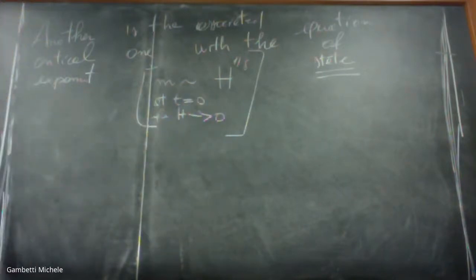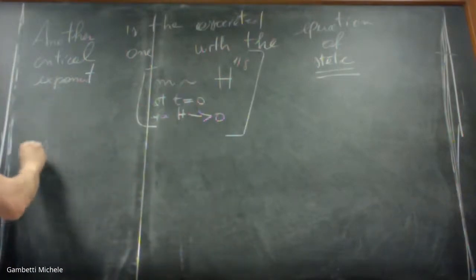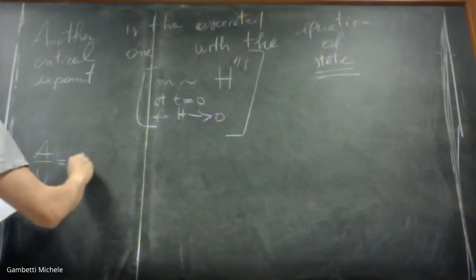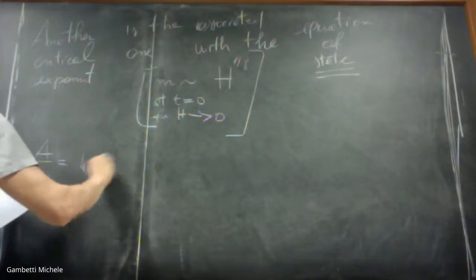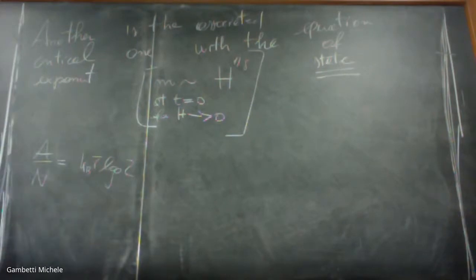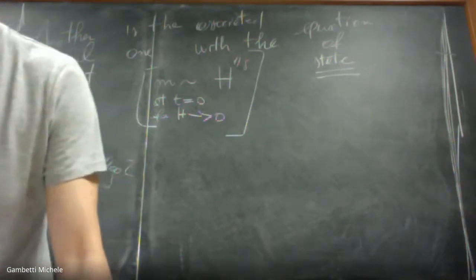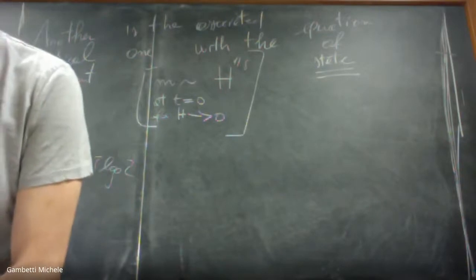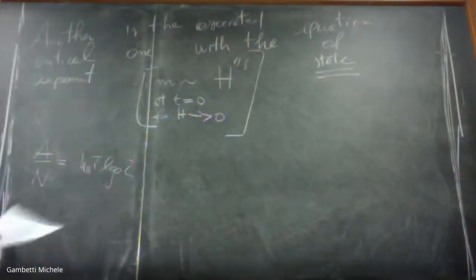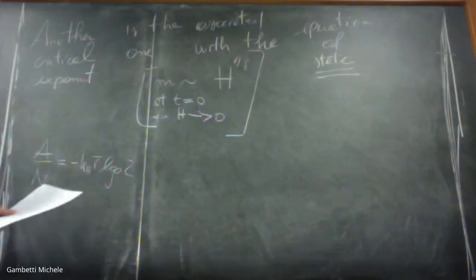Now, in the case of the Ising model, we can compute this quantity trivially because we say that A divided by N has a term that was a KBT log of 2, if I remember correctly, we wrote many times. Should be a KBT divided by 2 minus KBT, minus KBT log 2, sorry. Minus KBT is not important actually.